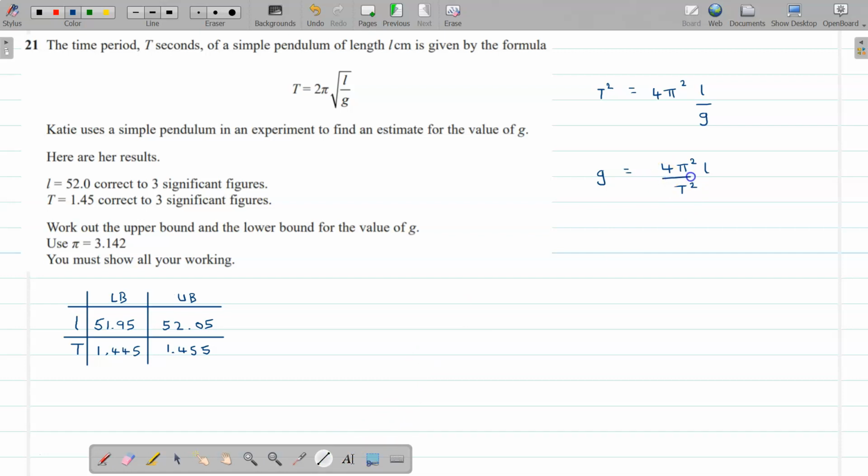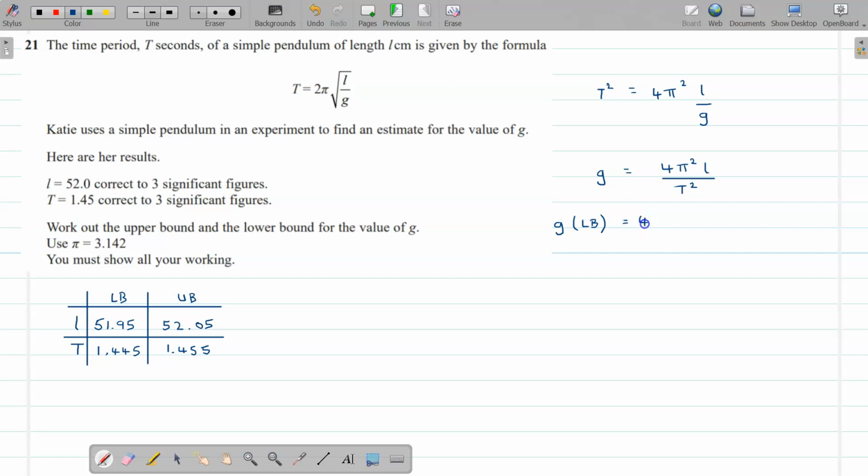Now what I've got to do is find the upper and lower bounds of G. So to get the lower bound of G, I need to minimize this fraction. That means I need the smallest possible numerator and the largest possible denominator.